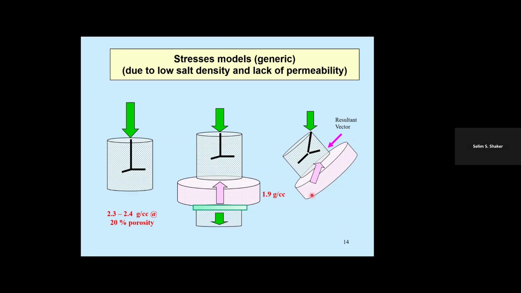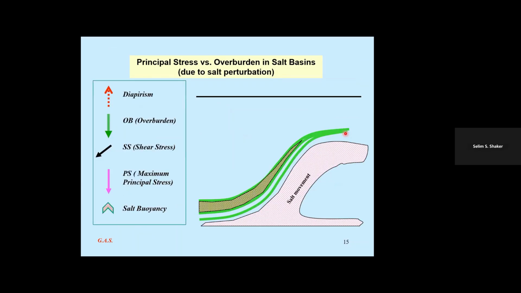If you have a salt ramp, your main stress is going to divert a little bit. And that's going to be your main stress. Now, how has this happened? Well, let's look at sediments coming into the basin. Load increases here.